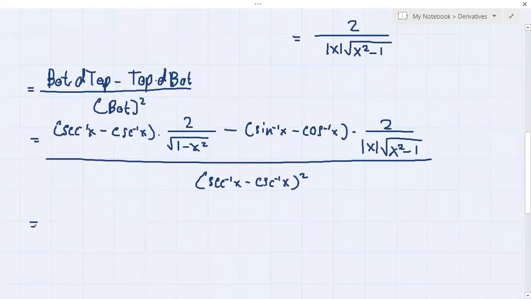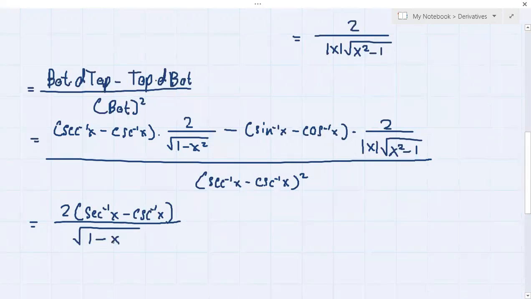So now let's simplify. Medyo mahaba-haba to. So on the first term, we have arc secant x minus arc cosecant x times 2 all over the square root of 1 minus x squared. So if we're going to multiply them together, we will have 2 times arc secant x minus arc cosecant x all over the square root of 1 minus x squared.